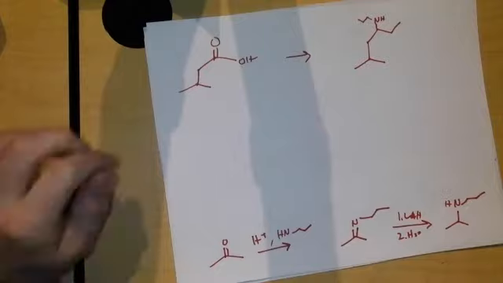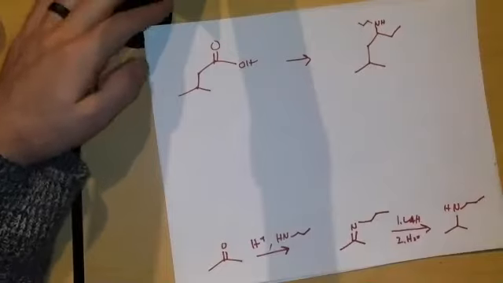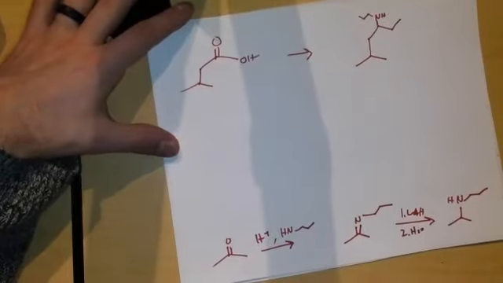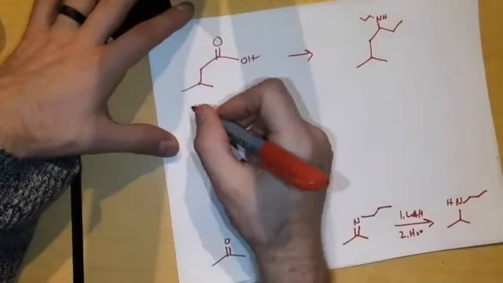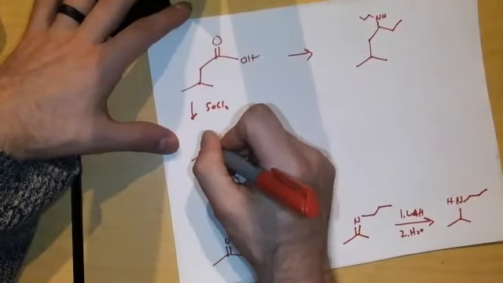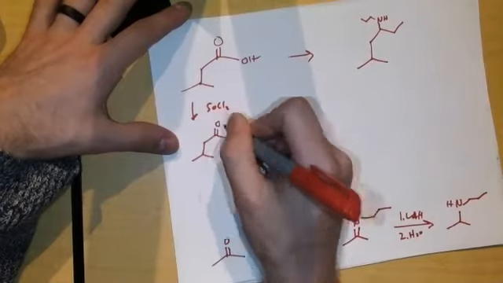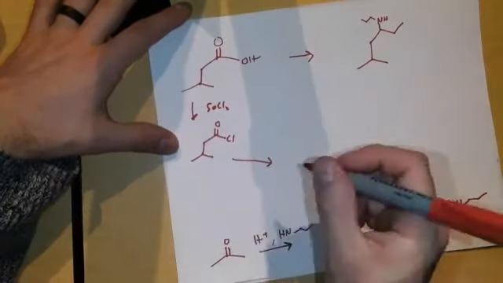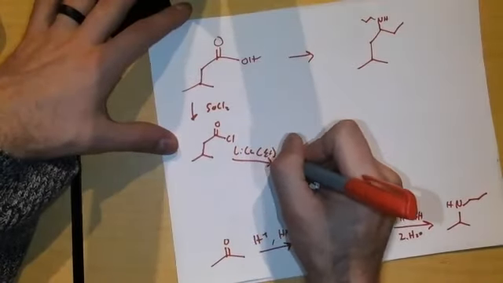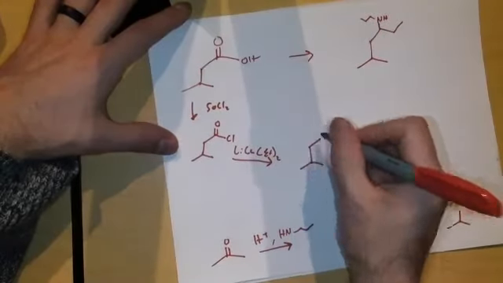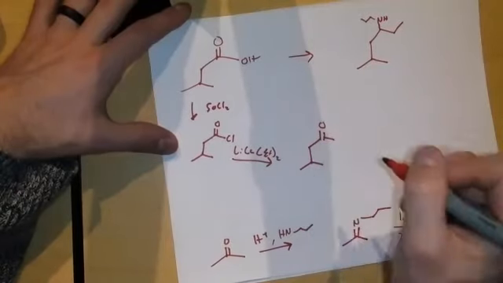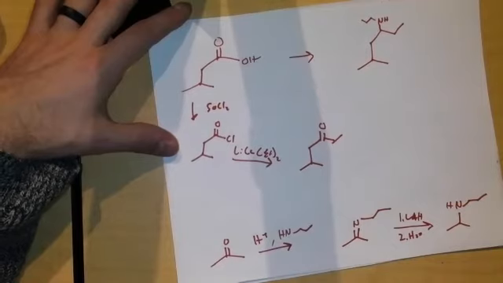If I wanted to make this compound, I got to add some carbons. I probably want to make an imine and reduce it. So let's add SOCl2. We can add the ethyl, so LiCuEt2. We can make an imine.